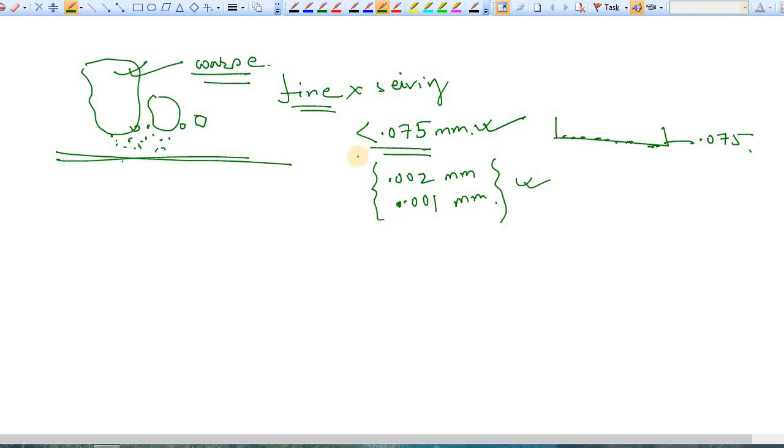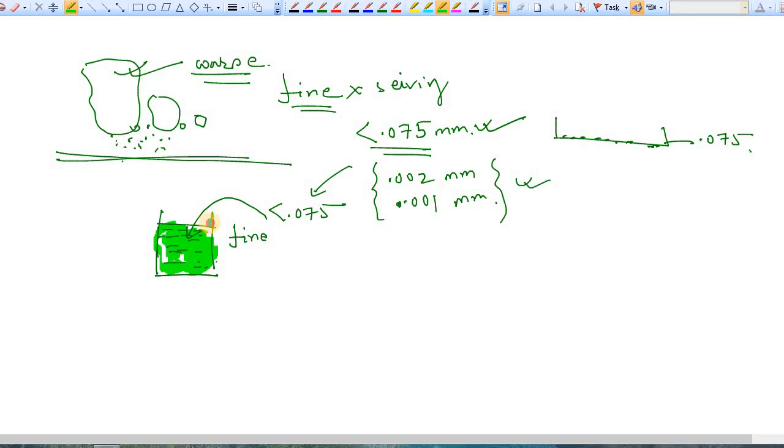For that you have to take these fine particles, which are less than 0.075, in a solution. Let's say this is water. You have to mix a part of this fine soil into this water. Let's say after mixing this becomes like this.